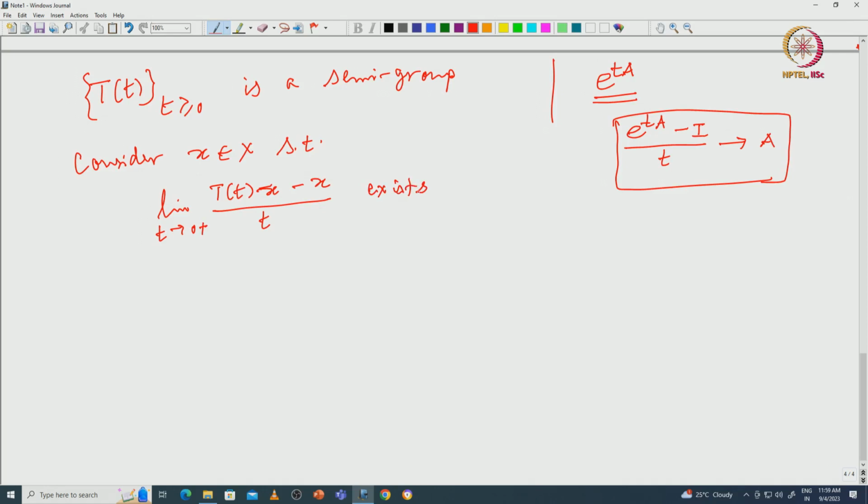So this is in the norm of X, and whenever that limit exists, you define Ax as that limit.